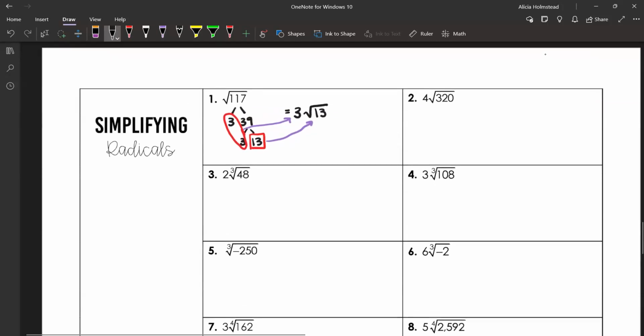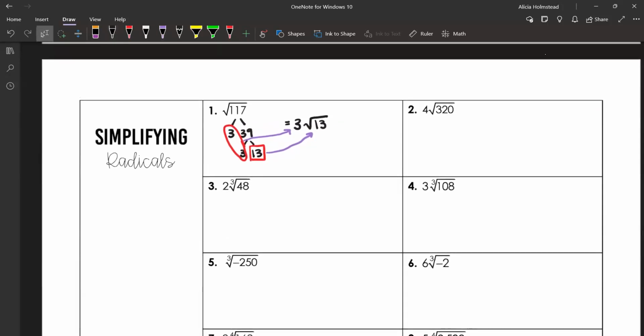Now, just to help you see what we're doing when we're circling things, I'm going to multiply the 3 and the 3 together, so we can rewrite the square root of 117 as the square root of 9 times 13. And we can actually break those apart and have it mean the same thing, so this would be the square root of 9 times the square root of 13. Well, what is the square root of 9?